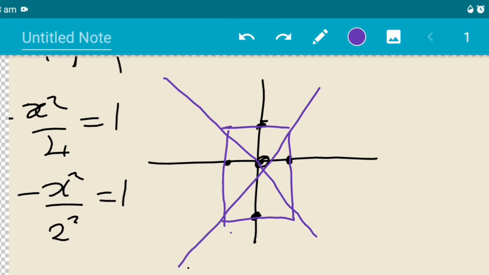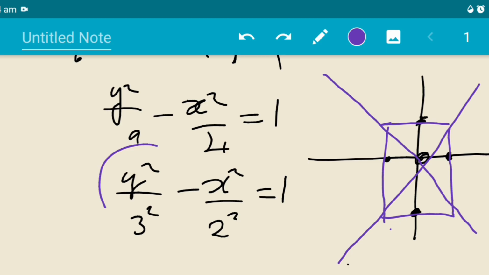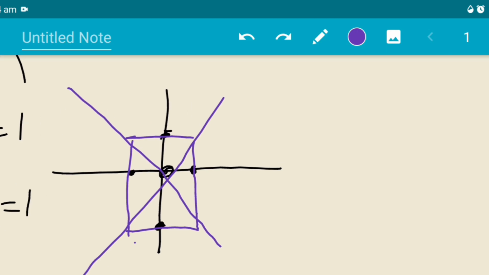Now, why? Because it's under the y, the positive. Rather, our a is under the y. And why we're considering this is because this is positive, and as we may see, it's having y at the top. So meaning that's how our parabola is opening.